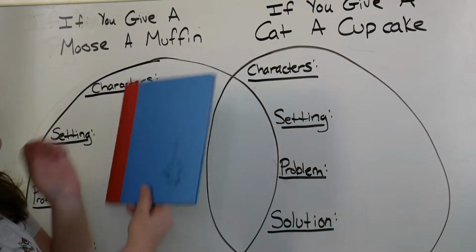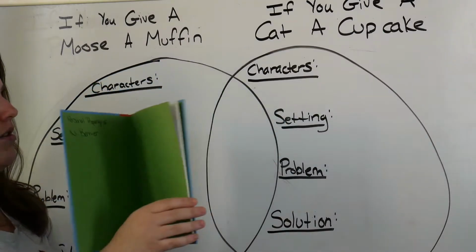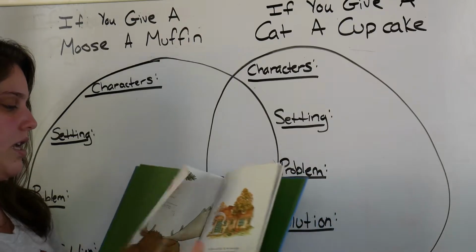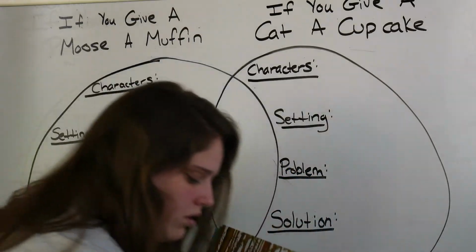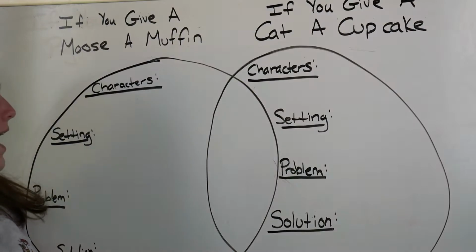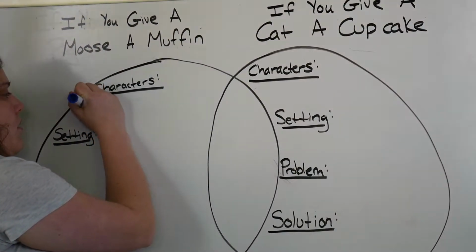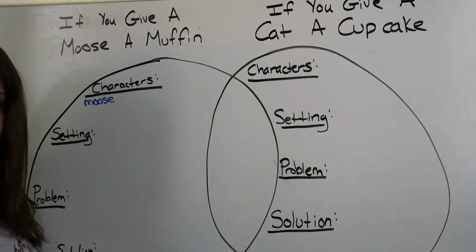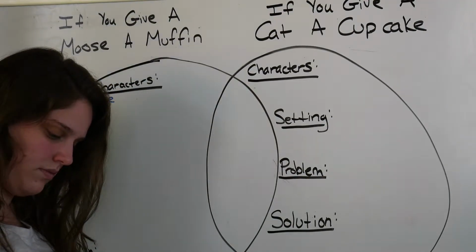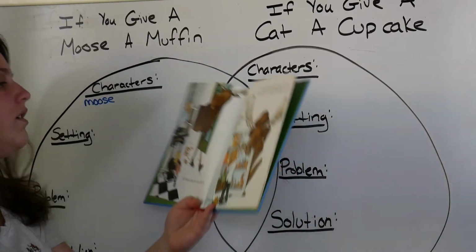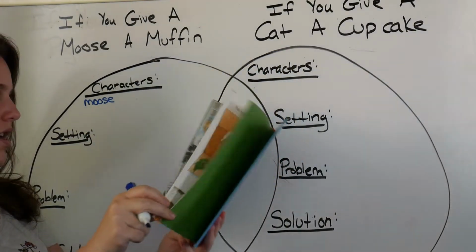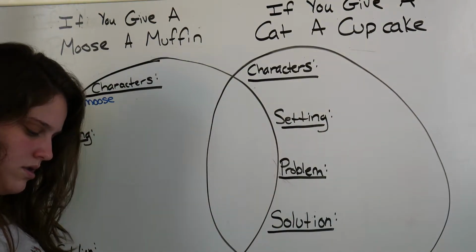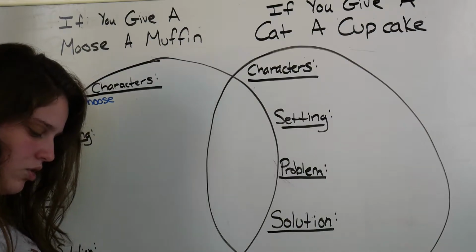So, the first book we read was If You Give a Moose a Muffin. So, who were the characters in this story? Let's see. We have the moose. So I'm going to write that. The moose. Oh, we have the boy here. Let's see, does anyone else come in this story?